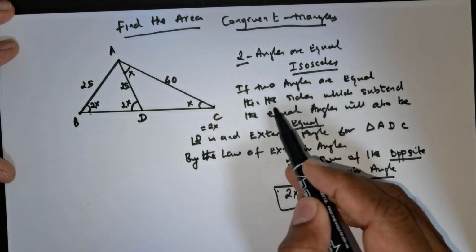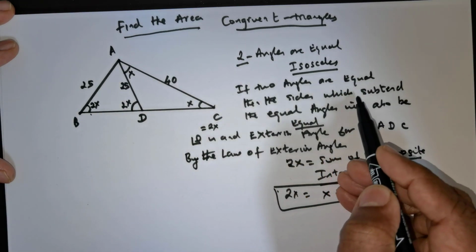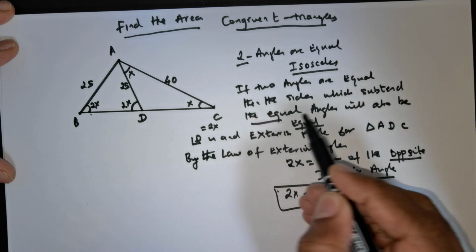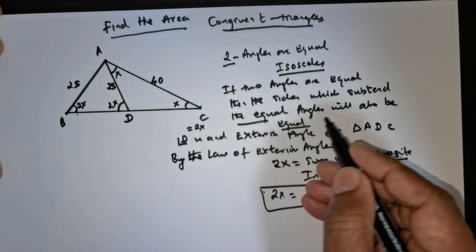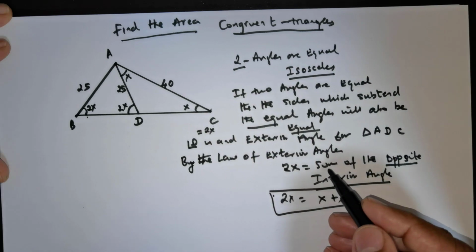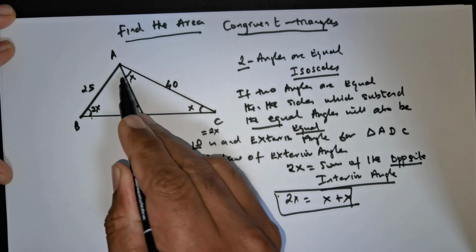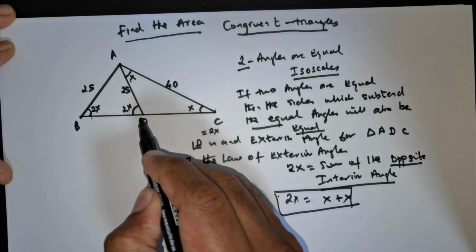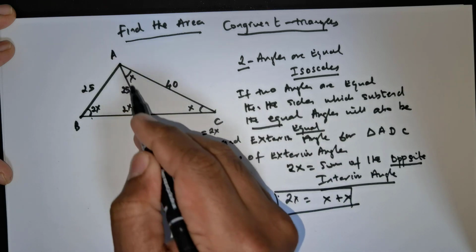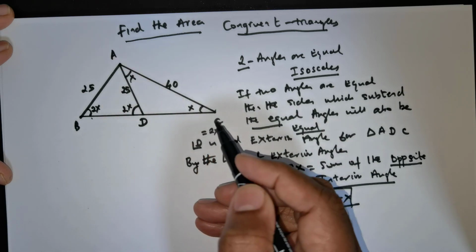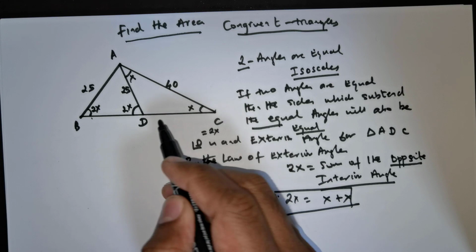Now if two angles are equal, then the sides which subtend the angle will also be equal, right? This is the important part. Using this theorem, I can clearly say this side AD is responsible for creating the equal angle on this end, and DC is responsible for creating the angle on this end.